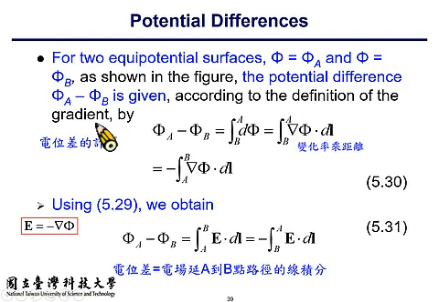That is the line integral from point A to point B with respect to the small differences in phi. And the change in phi can be expressed in terms of the dot product of the gradient of phi and the differential length dl, which is more easily carried out in calculus.